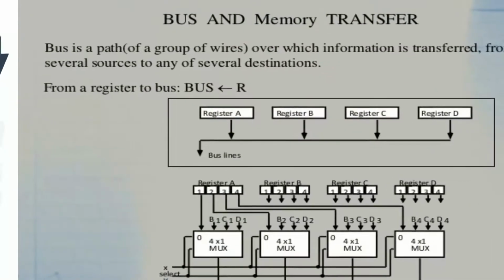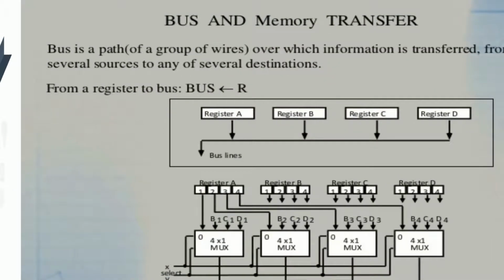All of you look here. This is the 4 register bus. 4 register bus means 4 registers are connected to this bus. What is the complexity that we can understand in the bus concept?